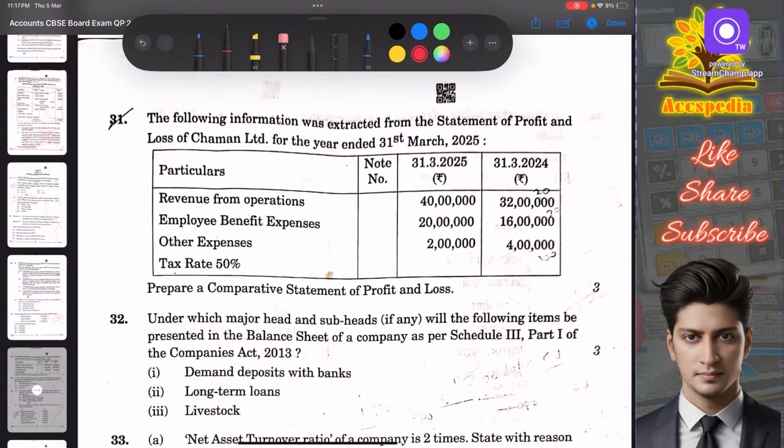The following information was extracted from the statement of profit and loss of Chaman Limited for the year ended 31st March 2025. Prepare a comparative statement.